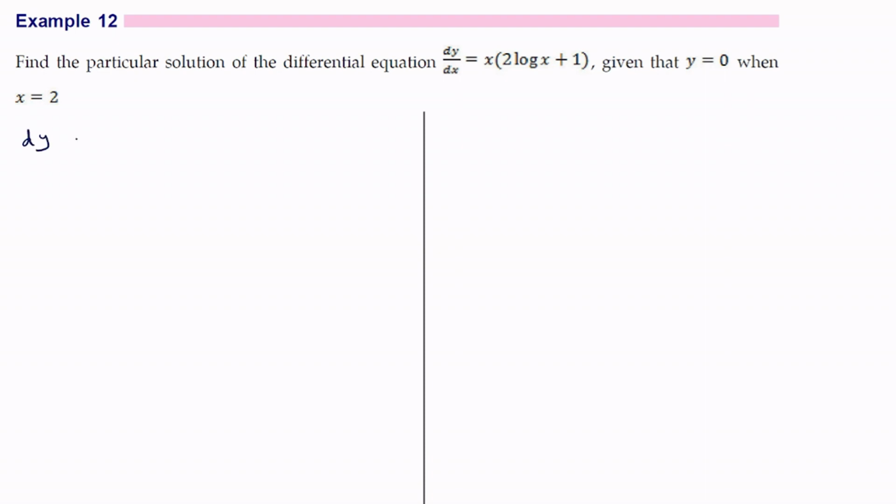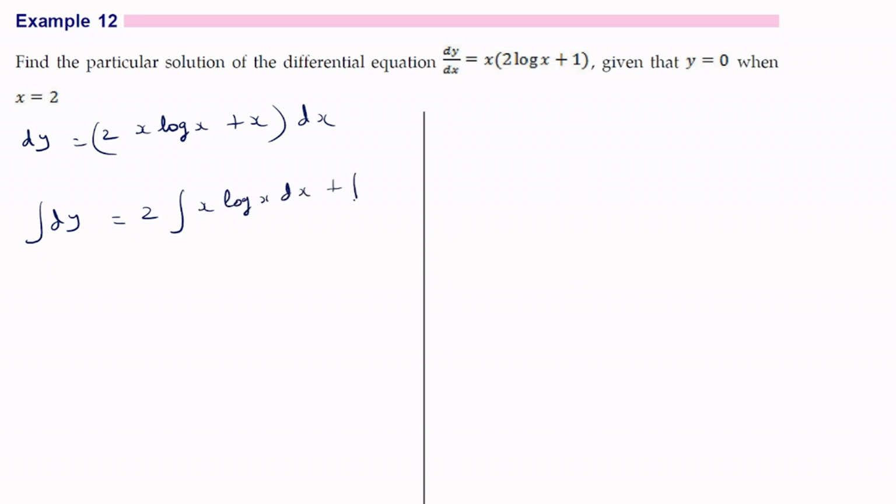So we can write this as dy is equal to 2x log x plus x into dx. Now let us integrate both sides. So we get integral dy is equal to 2 into integral x log x dx plus integral x dx.